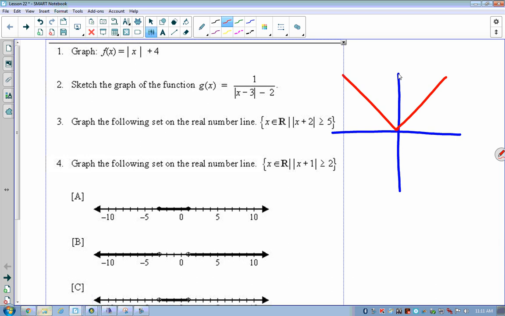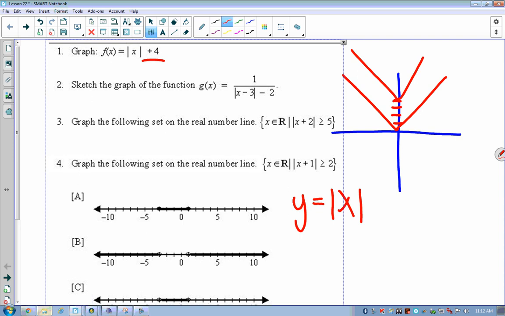And so this part, y equals absolute value of x, is what we call the parent function. This part right here moves that function left or right, or I'm sorry, up or down. Okay, it moves it up or down. Now on this part of it, it works normally, which means if it says positive, we move it up. So here, we're going to count 1, 2, 3, 4, and it's going to go like that. Okay? It's the same function, but it's been moved up on the y-axis 4 places.